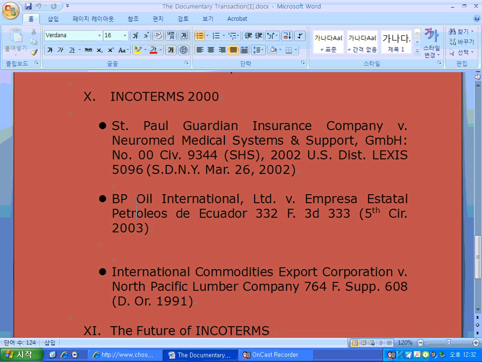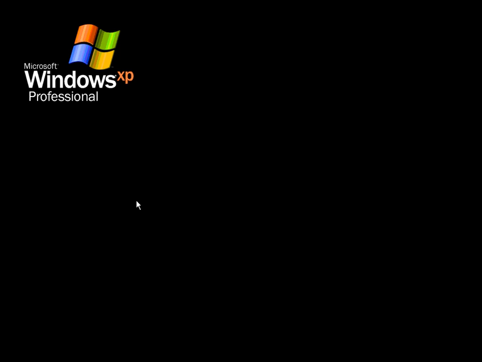So it is kind of a delicate interpretive issue between the use of trade terms and the nature of the agreement and specific context.